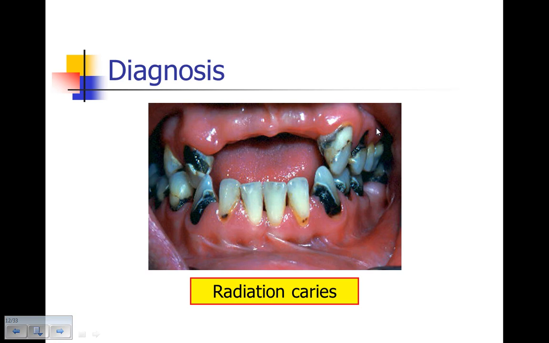Patients with radiation therapy in the head and neck region have a decreased vascular blood flow, and when teeth are extracted, they're at risk of forming osteoradionecrosis, not having the extraction sites heal, and creating some significant problems.